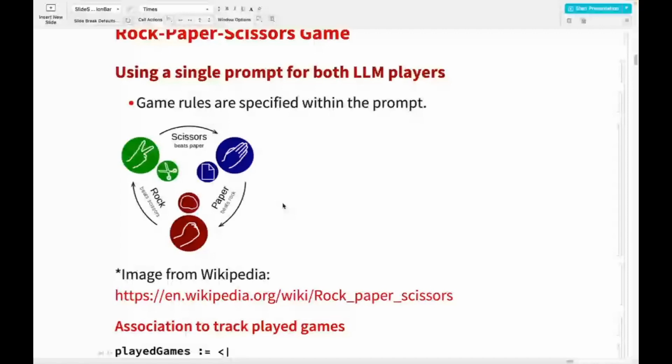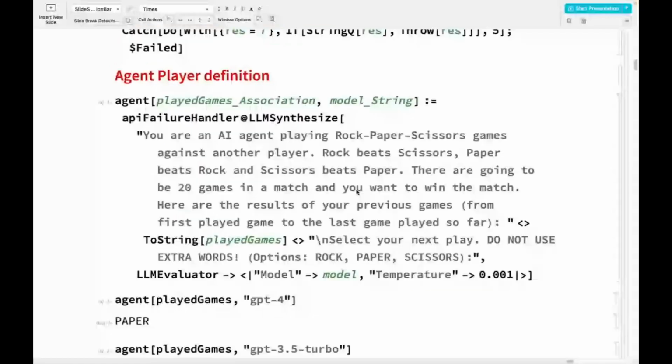Here we are explaining that it's an AI agent playing the rock, paper, scissors game, explaining the rules, just to make sure that there is no misunderstanding, and also that they're going to play 20 games or rounds in a single match, and the objective is to win the match.